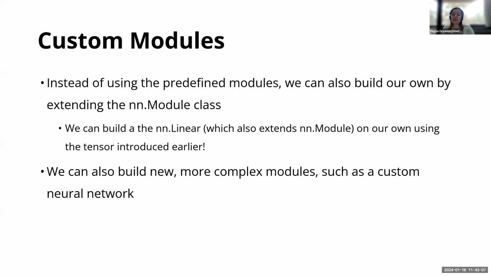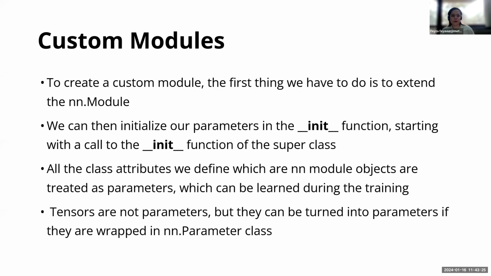Maybe we define a brand new layer or a brand new function, then we can convert it to a layer with custom modules. We can build this by extending the NN.Module class, and we can build new complex modules such as a custom neural network. So to create this custom module, the first thing we have to do is to extend the NN module. Then we can initialize our parameters in the init function.